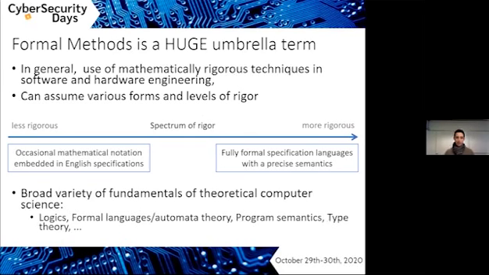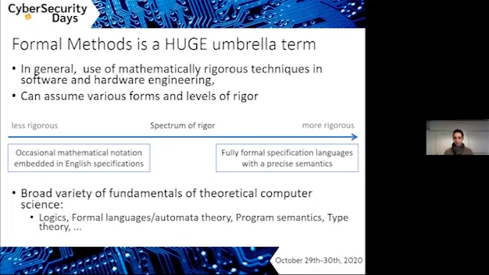There are some techniques and methodologies where it is open to debate whether we want to call them formal methods. In fact, many people started using the terminology semi-formal methods to refer to some of those methodologies that we will discuss. But in general, by formal methods, we mean the use of mathematically rigorous techniques and theories in the engineering of software and hardware.